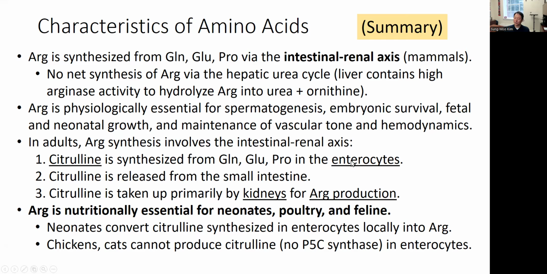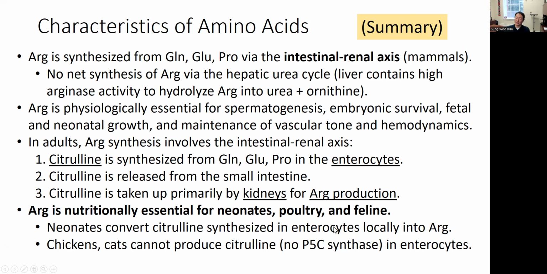The enterocytes in the small intestine will make citrulline using glutamine, glutamate, and proline, and the citrulline will be exported and transferred to the kidney, and the kidney will convert the citrulline to arginine. And this arginine is available to other tissues. And so in that way, arginine is not essential because the kidney will supply arginine.